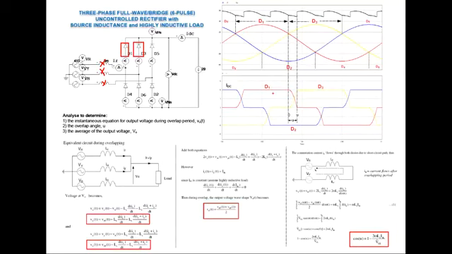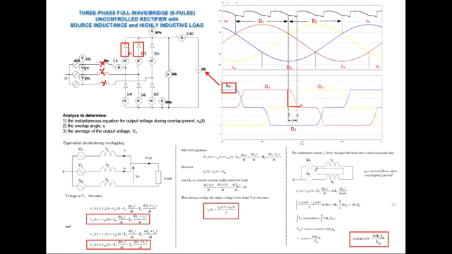So the D1 current will jump from IDC, which is the current at the output, to 0 instantaneously with a sharp change there.